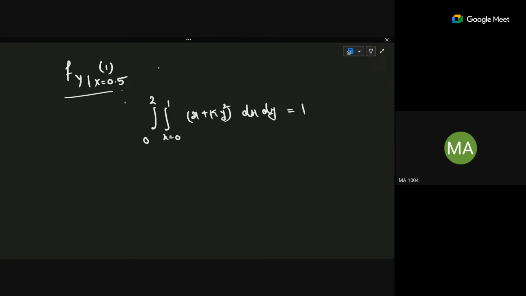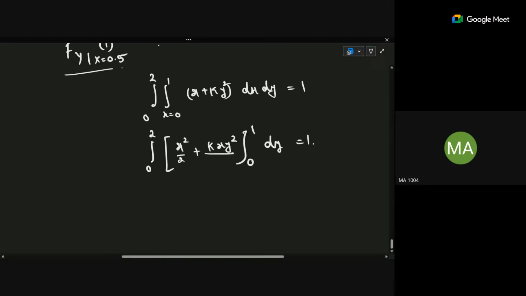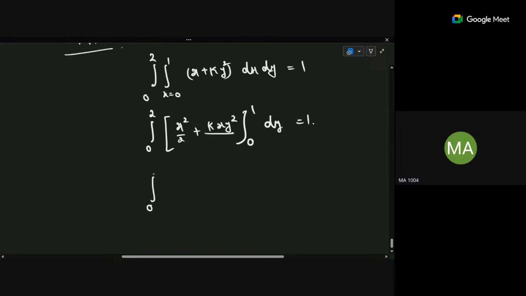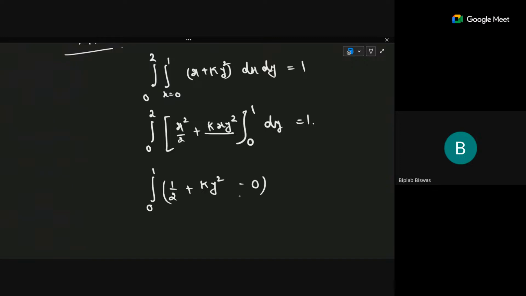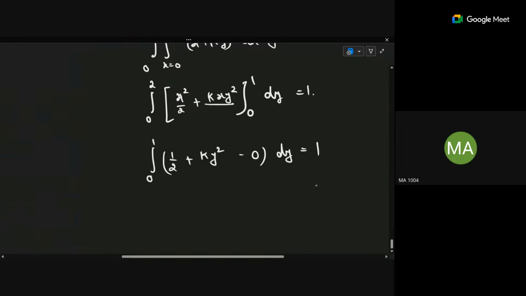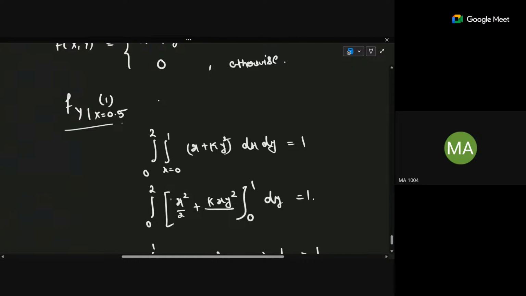Just calculate this. Integrate with respect to x: x square by 2 plus k x y square, from 0 to 1, dy. That gives 1 by 2 plus k y square.